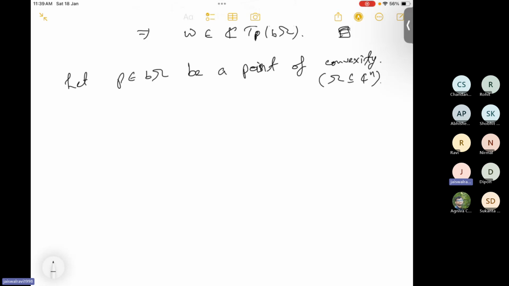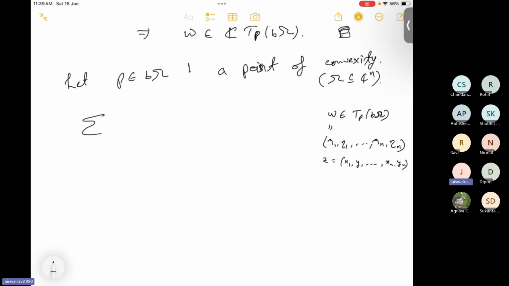Okay, so that means we have this thing. Here W is in the TP of boundary omega. So this W we can view as xi1, eta1, dot, xi n, eta n, and we can view z as x1, y1, dot, xn, yn.